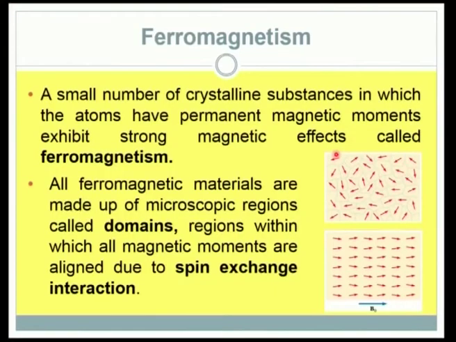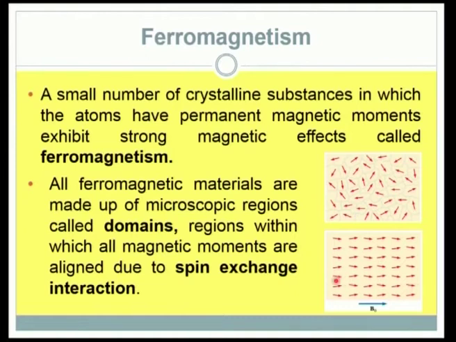Now look at this illustration. There are different regions. Hope these white color separations you are able to notice in this illustration. In each domain the directions are different before it is magnetized. When the external magnetic field is applied, what happens? The alignment happens.